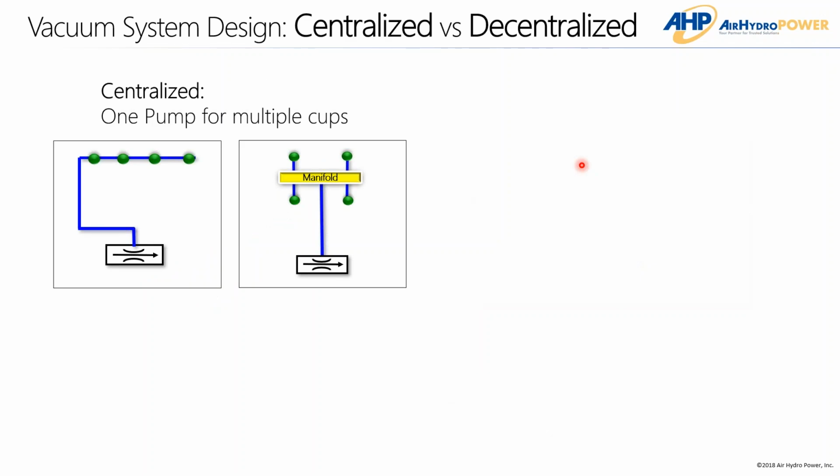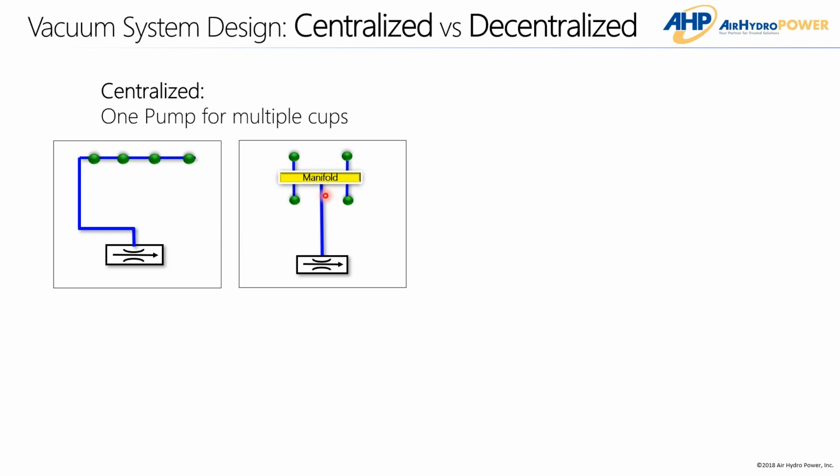All right, so the centralized system. The gist of it is we have one pump for multiple cups. The centralized part is your one pump, and then you're branching off of that to your multiple cups. In this first scenario, all the cups are coming in line, which is not the most efficient, as you can imagine, since there could be different vacuums, and if you've got blow off, you're going to see different vacuum levels and blow off times.